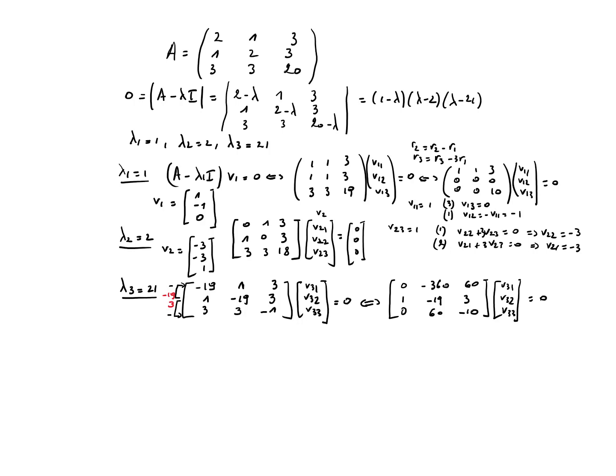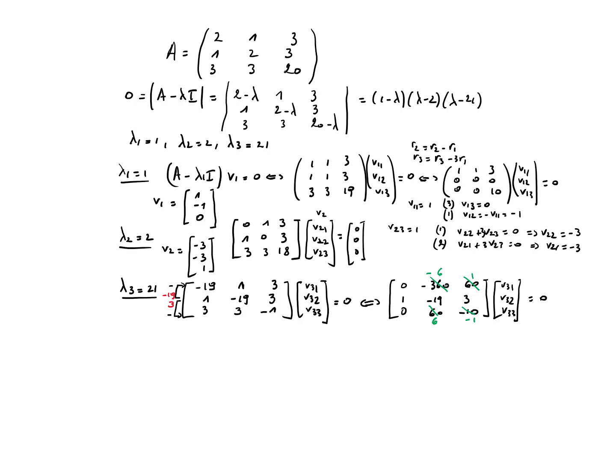I can divide the equations here by 60, so this will leave me a 1, minus 6. I can do the same thing with 10 over here, so this will leave me minus 1, and this will leave me a 6 over here.